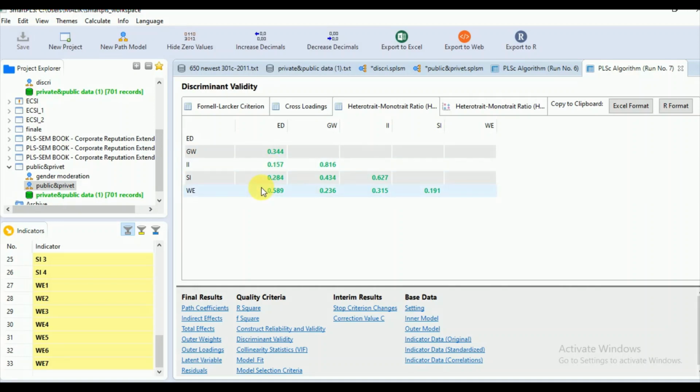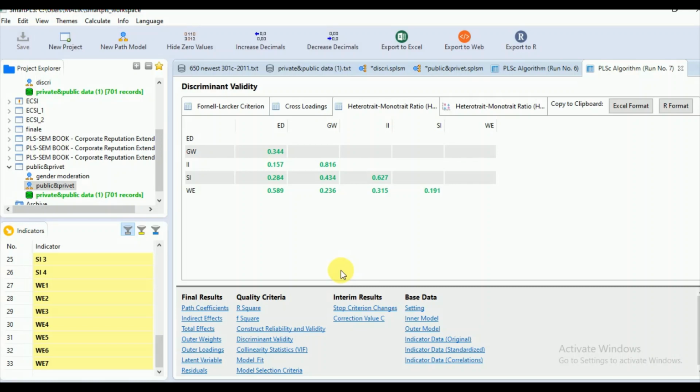Henseler et al. (2015) proposed a threshold value of 0.9 for structural models with constructs that are conceptually very similar, such as cognitive satisfaction, affective satisfaction, and loyalty. But when the constructs are conceptually more distinct, a lower, more conservative threshold level is suggested, such as 0.85.